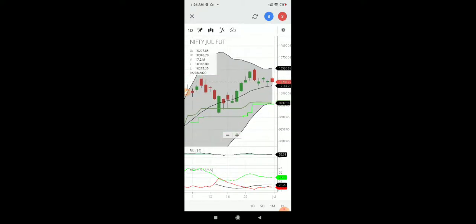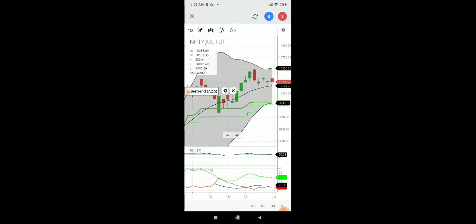In this chart, I have plotted Bollinger Bands, ATR trailing stop loss, and super trend. In downside, RSI and ADX.